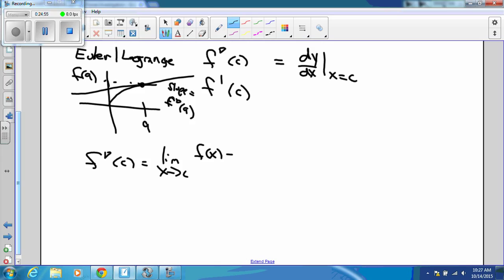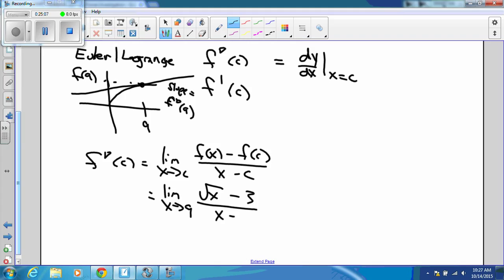F prime of c equals the limit as x goes to c of f of x minus f of c over x minus c. And now I'll go substituting. My c is 9. The f of x is square root of x. C is 9. And so f of 9 is the square root of 9. And there's my set. What do you think about this limit?